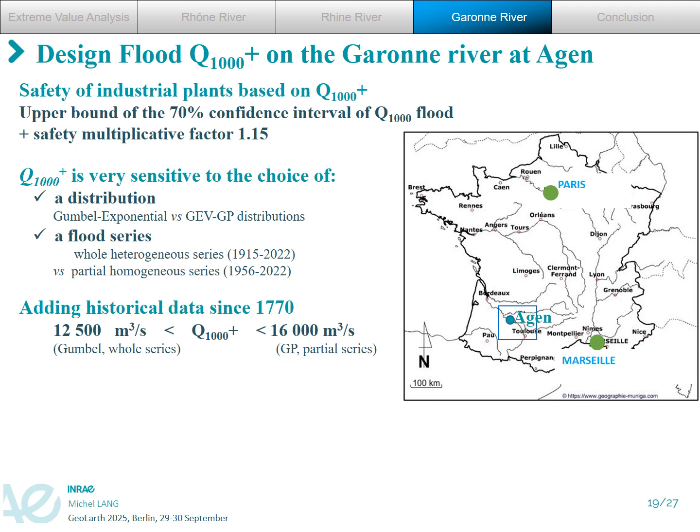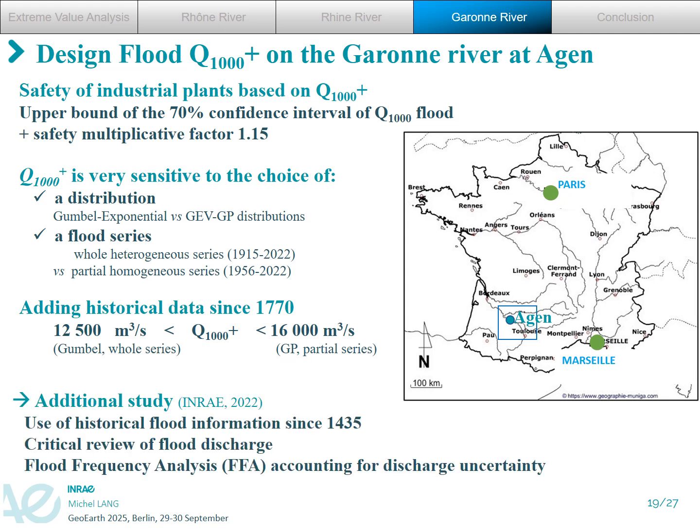In fact, the design flood is very sensitive to the choice of a distribution, a Gumbel or GEV distribution, and to the choice of the dataset, using a heterogeneous series from 1915 to 2012, or a part of this series since 1956. Q1000 plus is estimated between 12,500 Qmax and 16,000 Qmax.